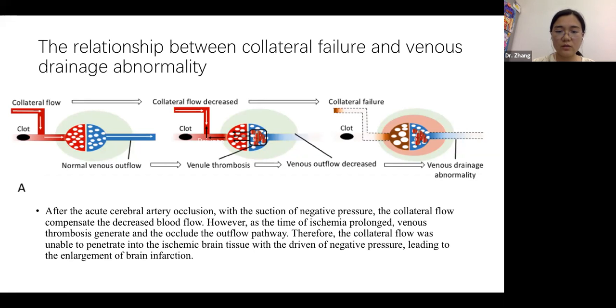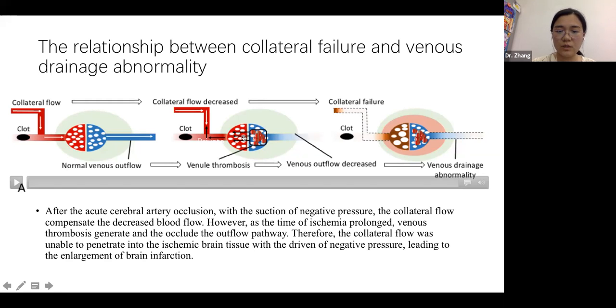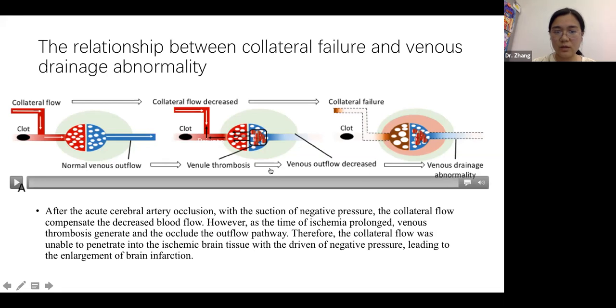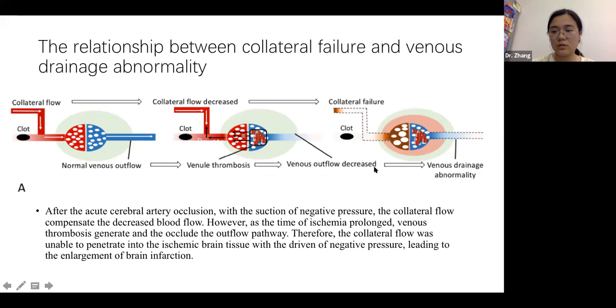So if the vein is occluded, the collateral flow can be significantly decreased because it cannot be drained by the related veins. So not only does the venous outflow decrease, but also the collateral flow decreases, and it finally causes a collateral failure. So this is the relation between collateral failure and venous drainage abnormality.